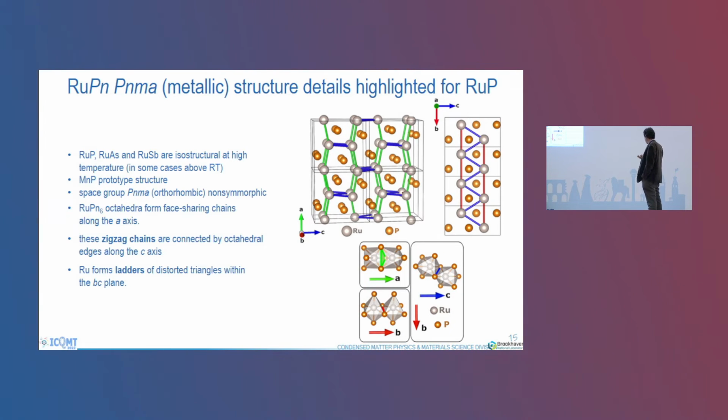What is interesting is that the shortest distance in the system is along those zigzag chains running along the a-axis. The intermediate ruthenium pair distances are the rungs of the zigzag ladder in the bc plane, and the longest distances are ruthenium pair distances along those straight chains parallel to the b-axis.